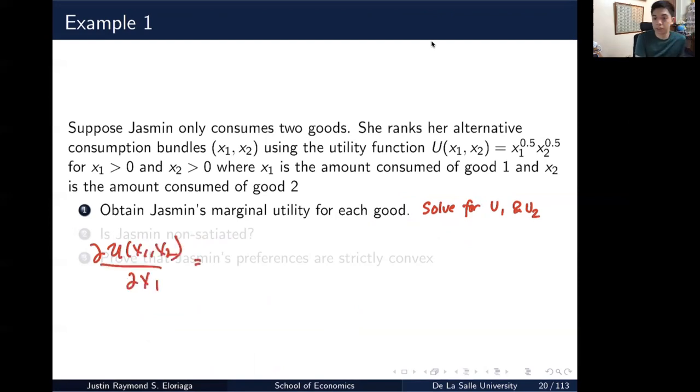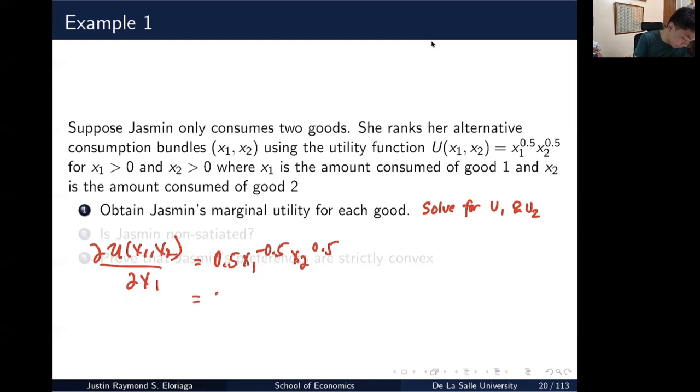Getting the partial of this, it's just a simple product rule. So that's 0.5 x1 raised to negative 0.5, x2 raised to 0.5. So x2 doesn't change, it's just multiplicative. And then x1's exponent will become negative 0.5 as we bring down 0.5.